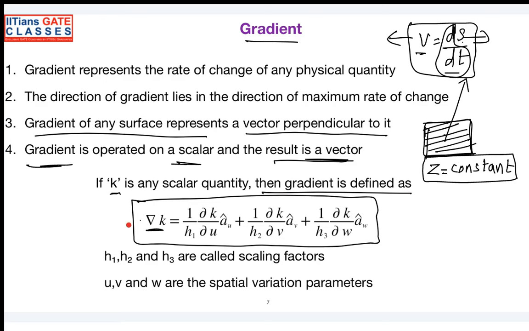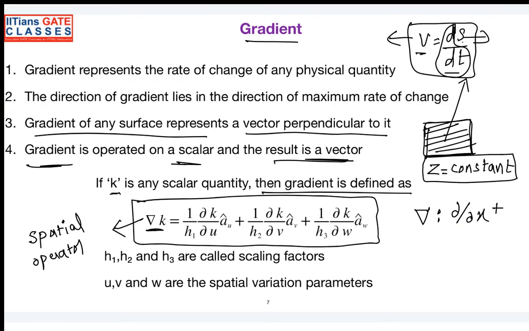Suppose I am moving from one point to the other point. If a change in only x happened, then del represents the rate of change in the x direction only. Suppose in addition to the x variation, a change in y also happened, that will be dou by dou y. And in addition to that, if a change in z also happened, that is dou by dou z. So the spatial operator represents in what directions the rate of change occurs.